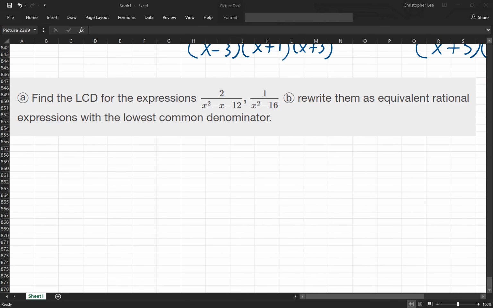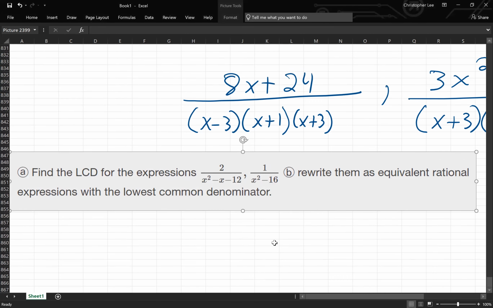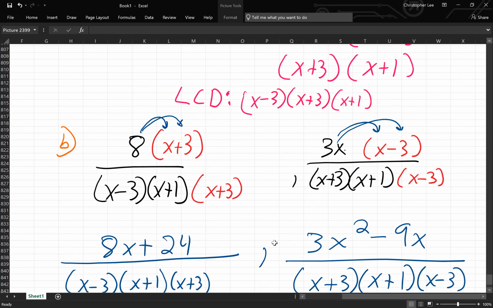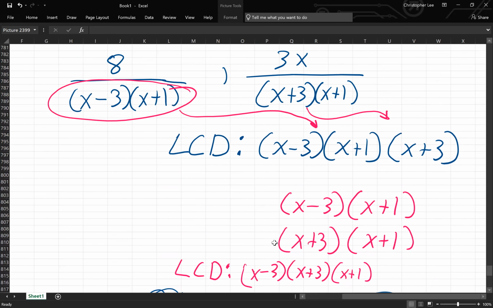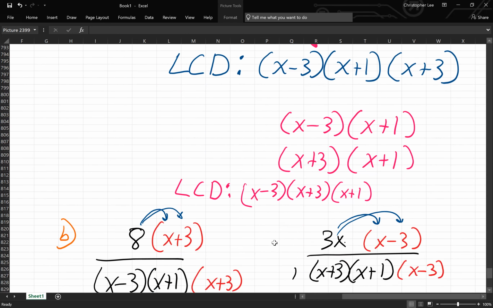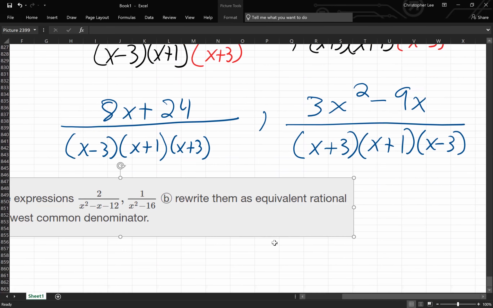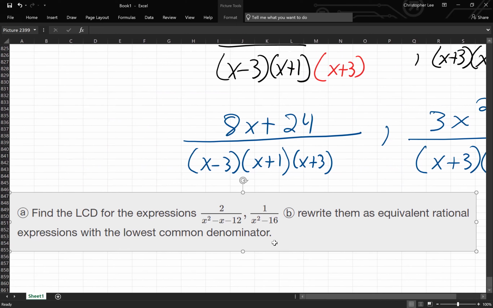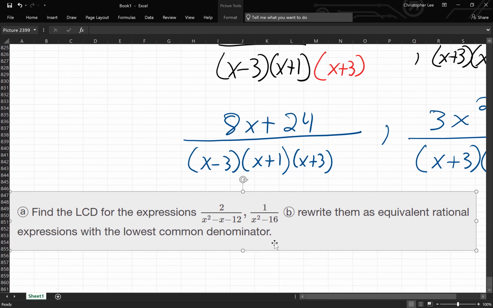So you have the two equivalent fractions right here, these two in blue. And you found the LCD, which was x minus 3, x plus 1, x plus 3, and that's it. You can just type them in just like that. No pressure.